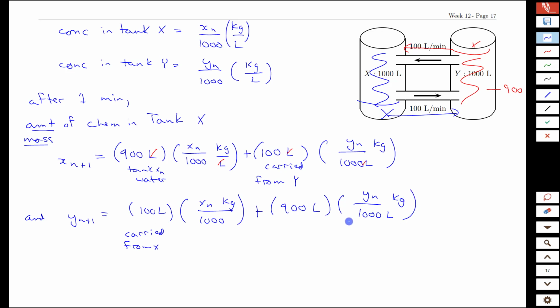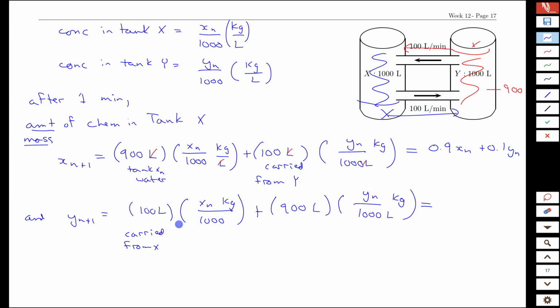And so we can see the parallels here. Actually, let's write this out in simplified form. If we tidy up all the constants, what we end up with here is 0.9 xn, and 100 over 1,000 is 1/10 or 0.1 yn.